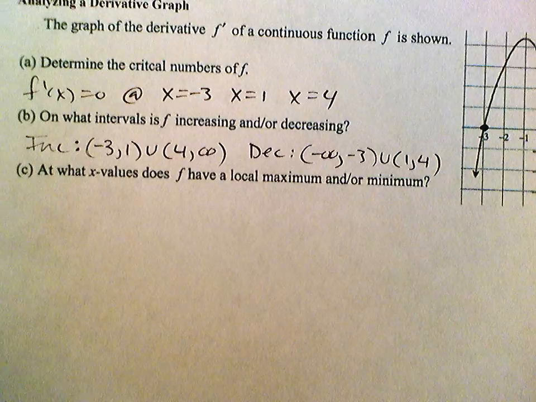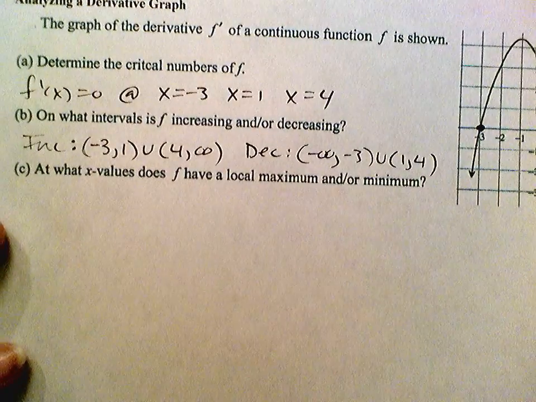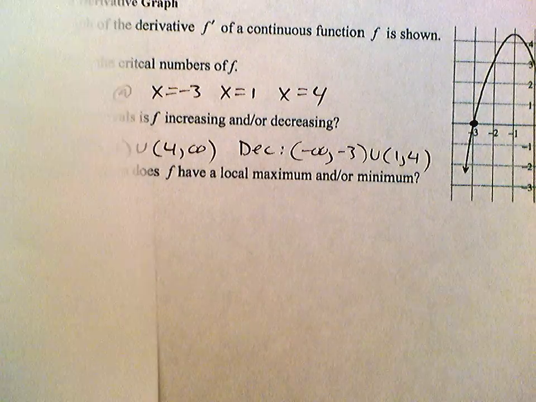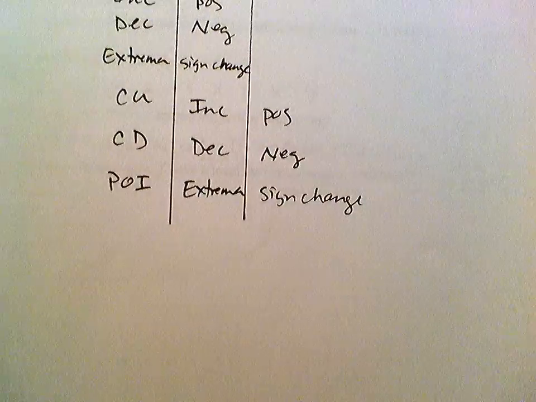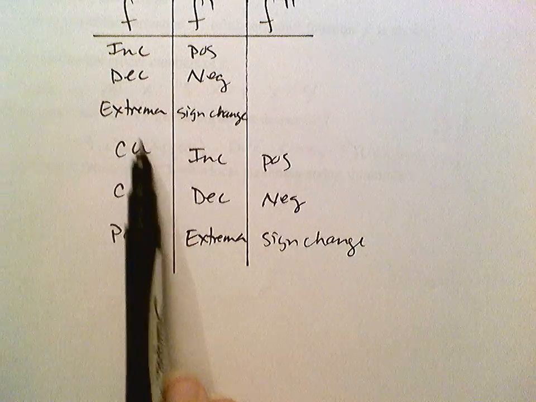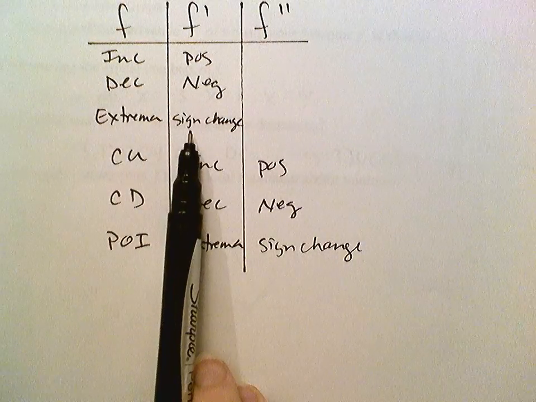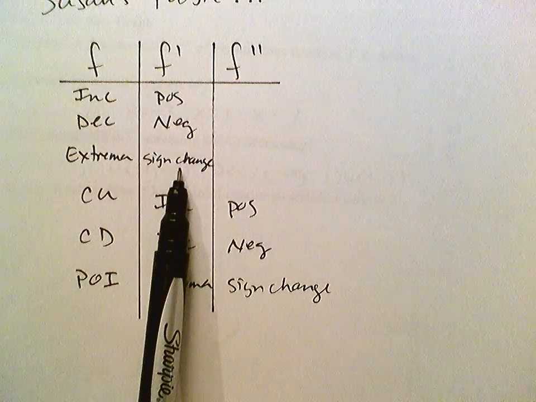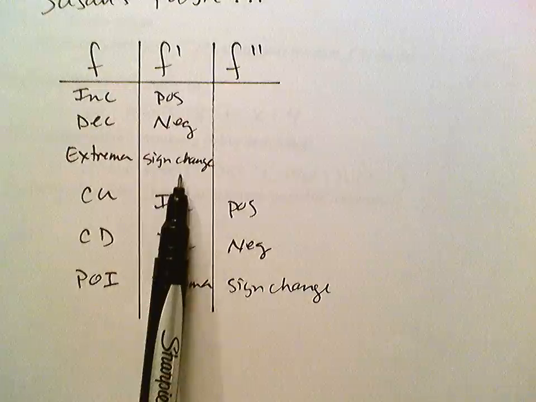Okay. At what x values does f have a local maximum and or minimum? All right, well, right here in Susan's table, we can see that any extrema, an extrema could mean a max or a min, but any extrema are going to occur where there's a sign change. So if f prime goes from positive to negative or vice versa, that's a sign change.